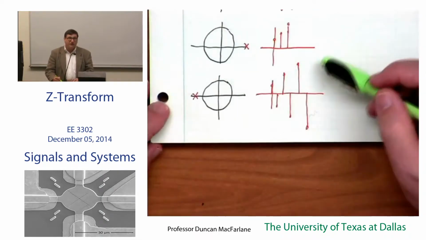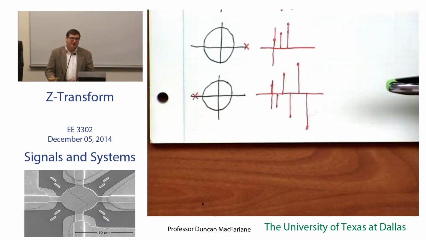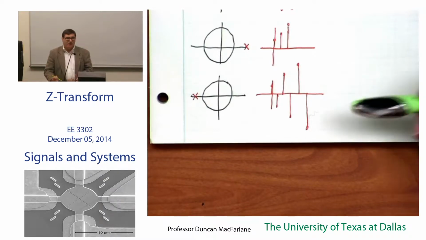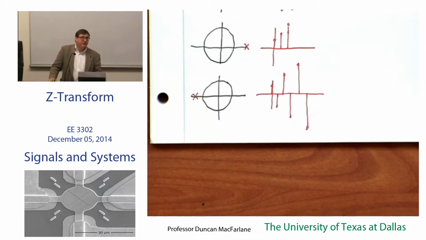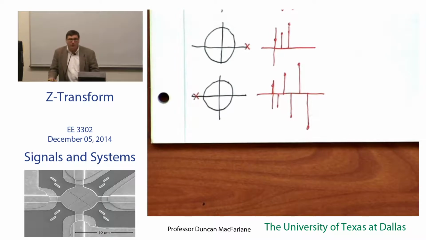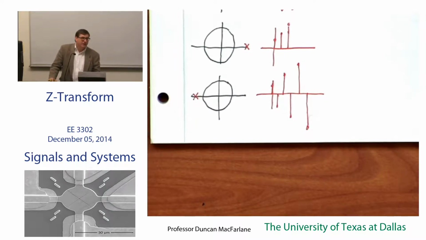And then when you cross the unit circle, you go unstable. So in general, whenever you see a pole, you ask where it is relative to the unit circle, and that gives you a measure of stability or instability of your system. Right-hand poles versus left-hand poles give you a sense of whether things are oscillating.